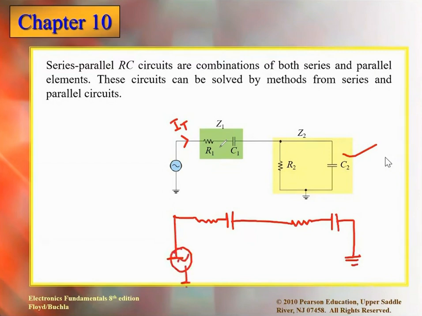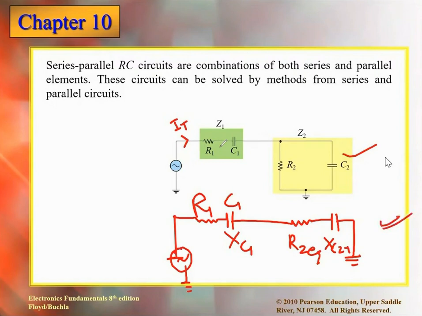So this is R1, C1, or we can say XC1, and this is R2, because after conversion we will be getting the equivalent XC2 equivalent. Now this is a complete series circuit.